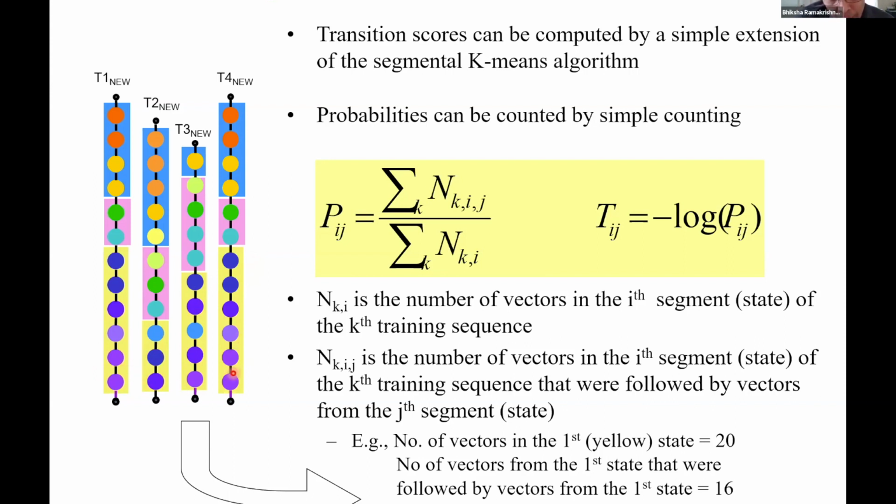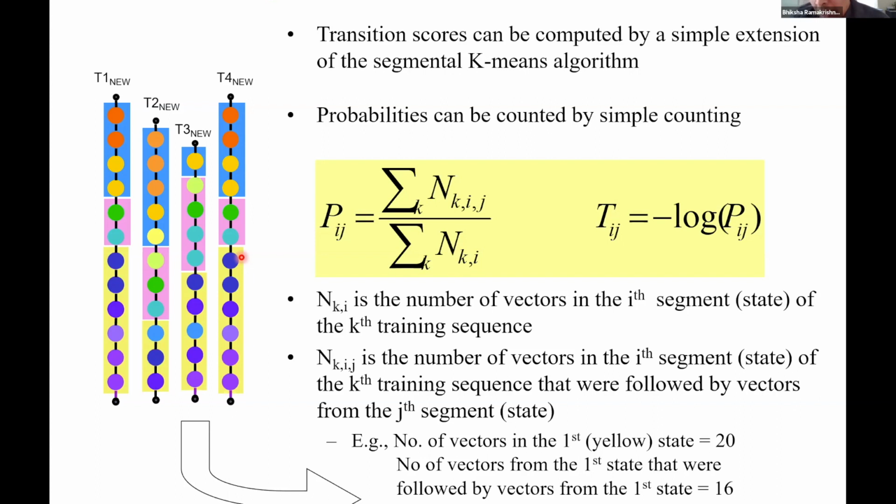So the total number of vectors within the yellow segment is 6 plus 3 plus 5, that is 9 plus 5, 14, plus 6 is 20, right? Of the 20 vectors that happened within the yellow segment, 16 were followed by other vectors within the yellow segment. Only these final 4 were followed by vectors in the pink segment.